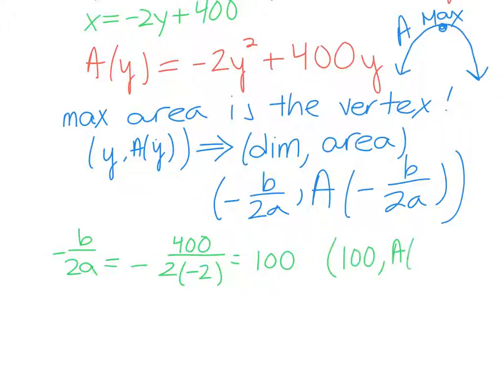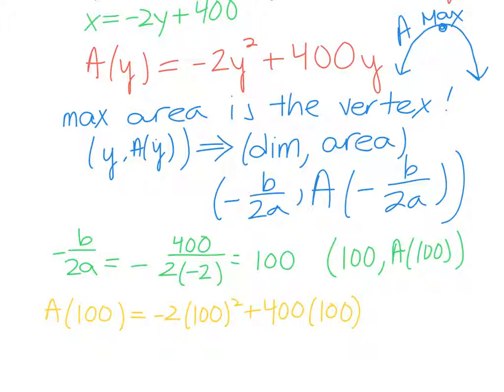And that will tell us the maximum area. Okay, so A of 100 equals negative 2 times 100 squared plus 400 times 100. All right, and if we work that out, you guys can verify with your calculator, you're going to get 20,000.